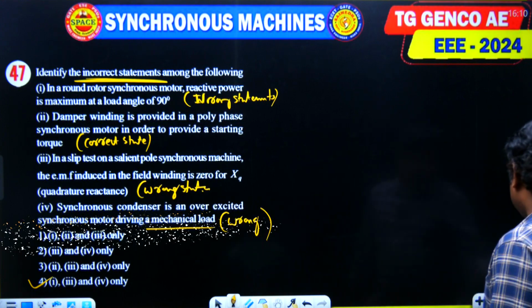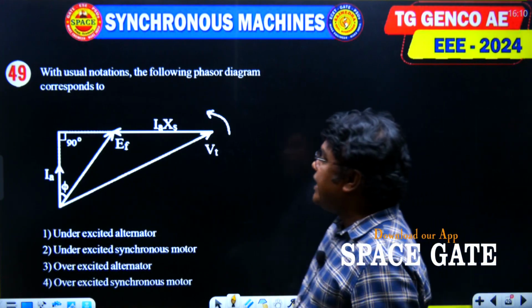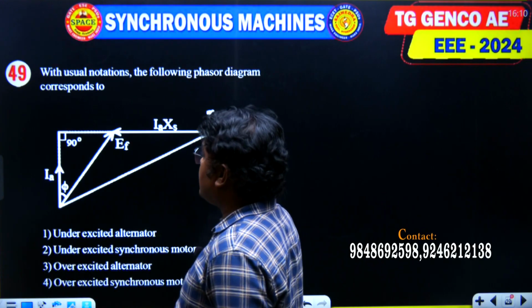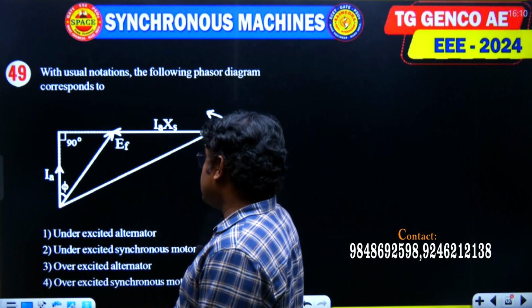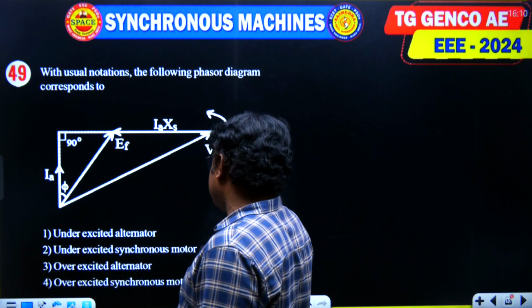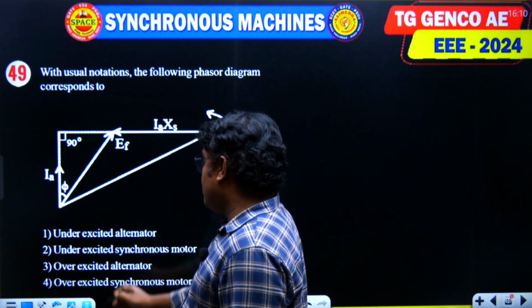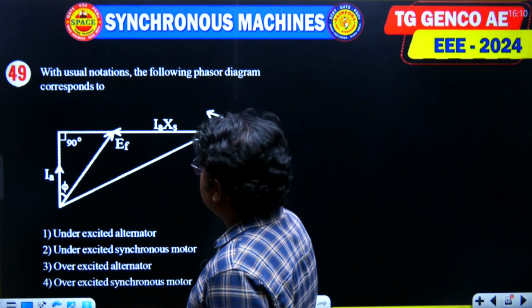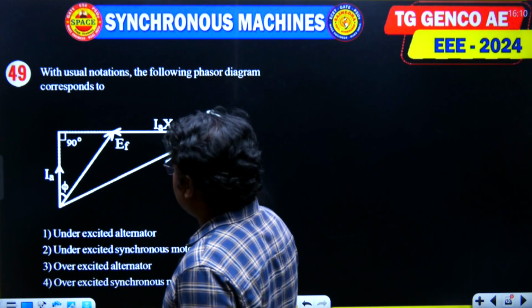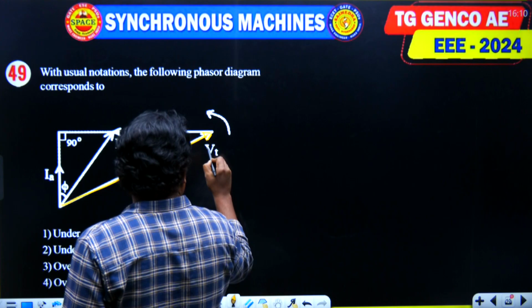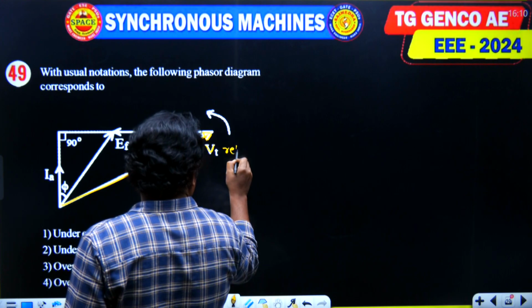Okay, and next one, question number 49. Match the phasor diagrams corresponding to under excited alternator, under excited synchronous motor, over excited synchronous alternator, and over excited synchronous motor. By seeing this diagram, assume VT is the reference.